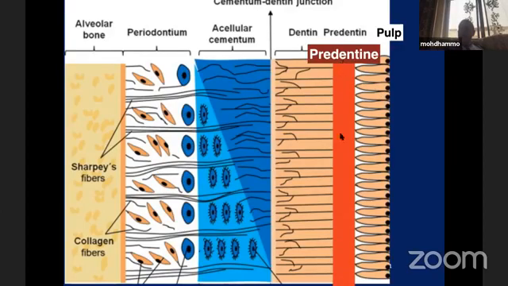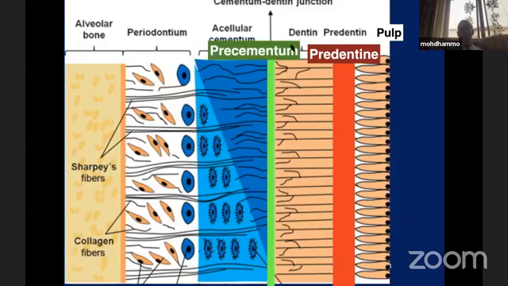It is called the pre-dentine layer, and this layer is non-mineralized. The second layer is between the dentine and the cementum, and it's called pre-cementum, and it is also non-mineralized. Please remember those two layers because they are the most important layers which will protect the dentine from resorption.